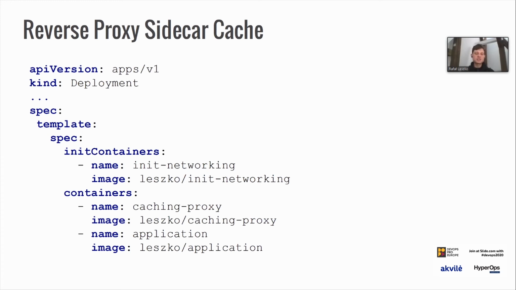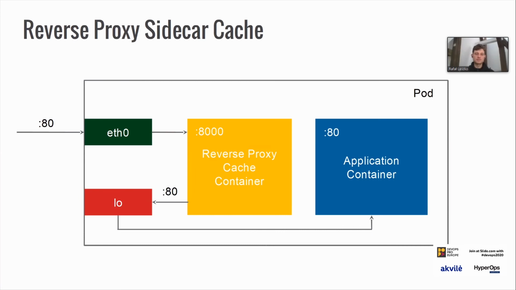Then the caching proxy is the interceptor of our requests. And then we also need an init networking container, which changes the IP tables in such a way that the request goes not to the application as it would normally do, but to the caching proxy.